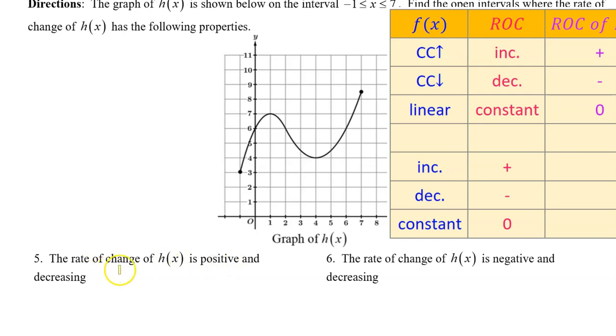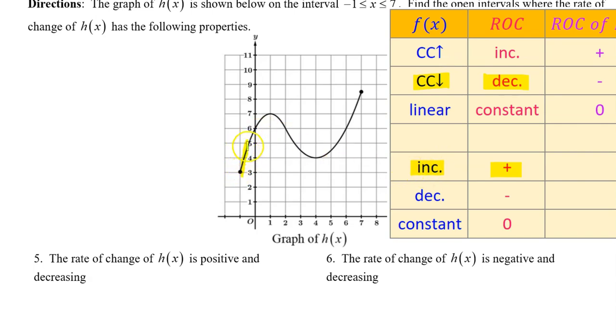Number 5, we are looking for where the rate of change of h of x is positive and decreasing. Well, the rate of change is going to be positive wherever h of x is increasing. And the rate of change is going to be decreasing wherever h of x is concave down. So we're looking for where h of x is concave down and increasing. Let's start with concave down.